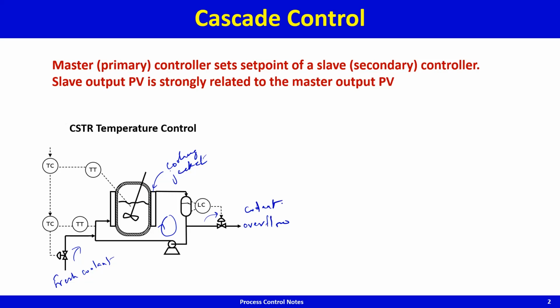Okay, so the conventional way of doing temperature control would be to measure the temperature and control it by adjusting the coolant flow. But in practice what is done is a cascade control system where you have a reactor temperature controller. It adjusts the set point of a slave jacket temperature controller.